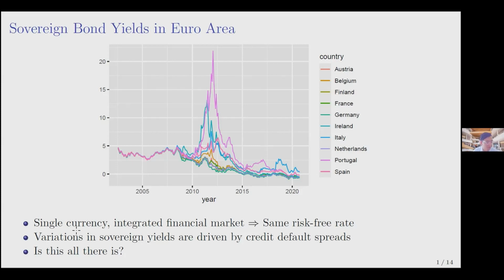Then traditional wisdom says that we should regard the variations in sovereign bond yields as driven by the credit default spreads. And indeed, this has been the standard and very appealing explanation of the yield dispersions we see in the data. In this paper, we ask whether this is all there is in the data that we see.